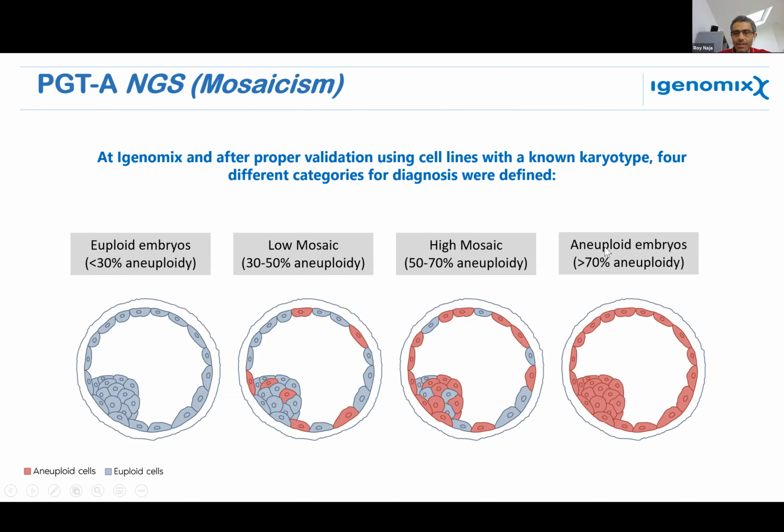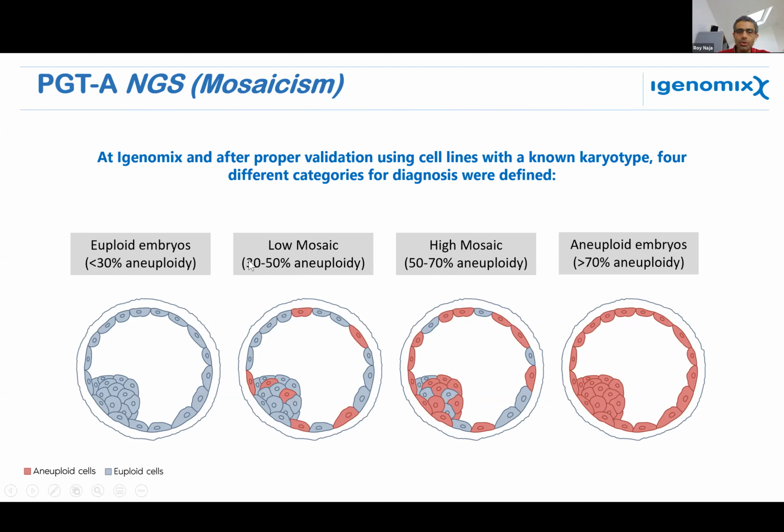If more than 70% of a certain chromosome is gained, so more than 70% aneuploidy, then the embryo is diagnosed as an aneuploid embryo. Now these remain the 2 categories of mosaicism. The low mosaic embryo is an embryo that shows 30 to 50% aneuploidy for a certain chromosome.